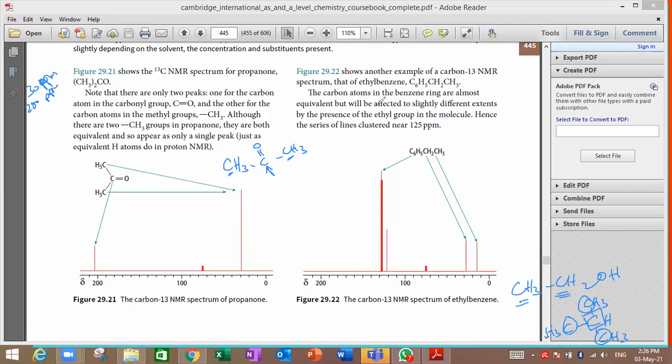If we look at the other one, which is a benzene ring bonded to a CH2 and a CH3, we have how many environments?